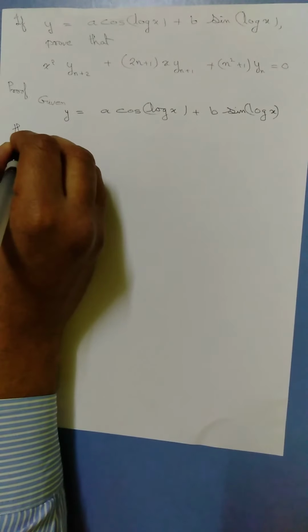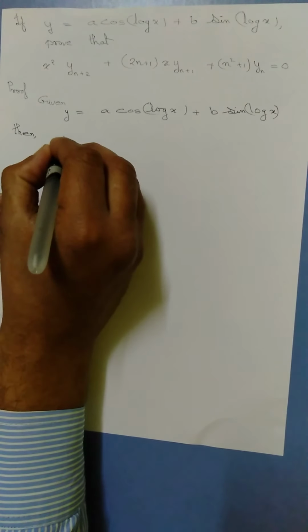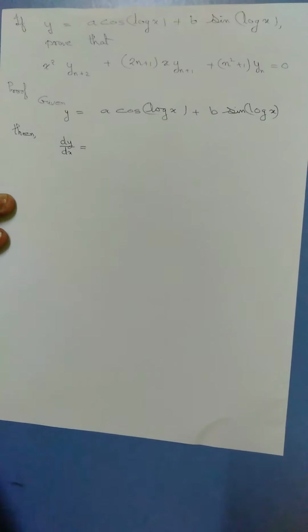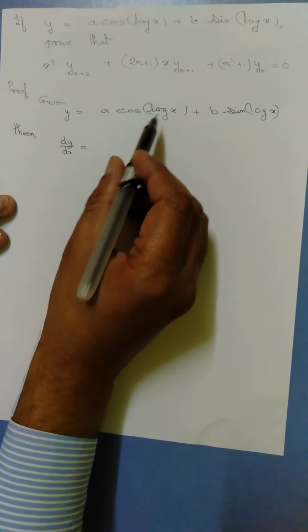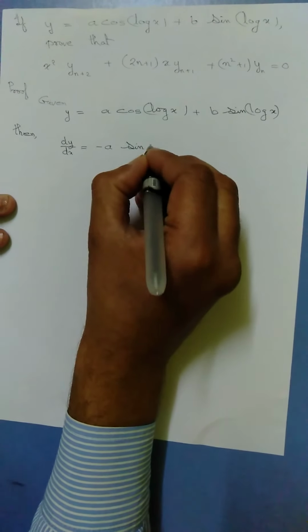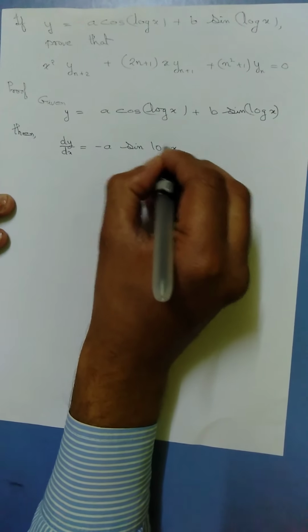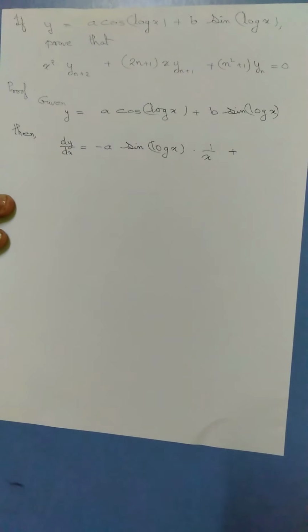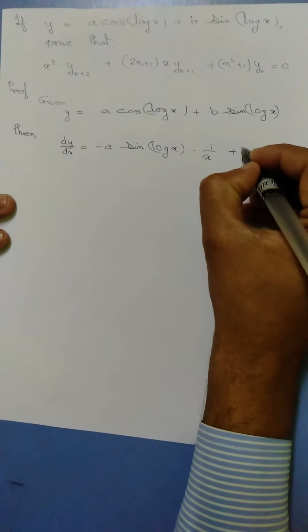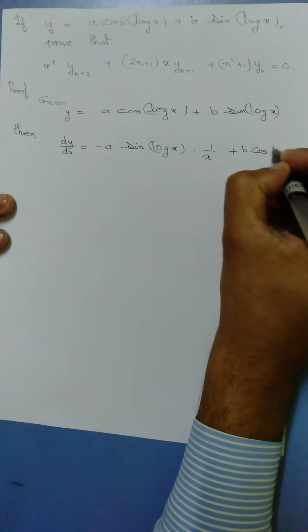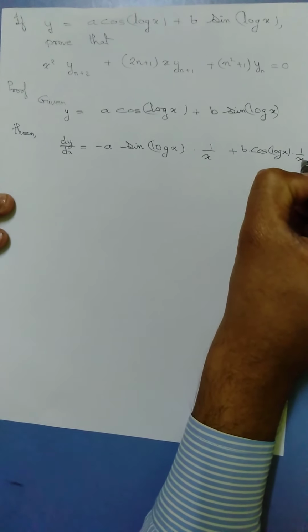Then, differentiating both sides with respect to x, we have dy by dx equal to derivative of cos is minus sine, and then d by dx of log x is 1 by x. Derivative of sine is cos and d by dx of log x is 1 by x.